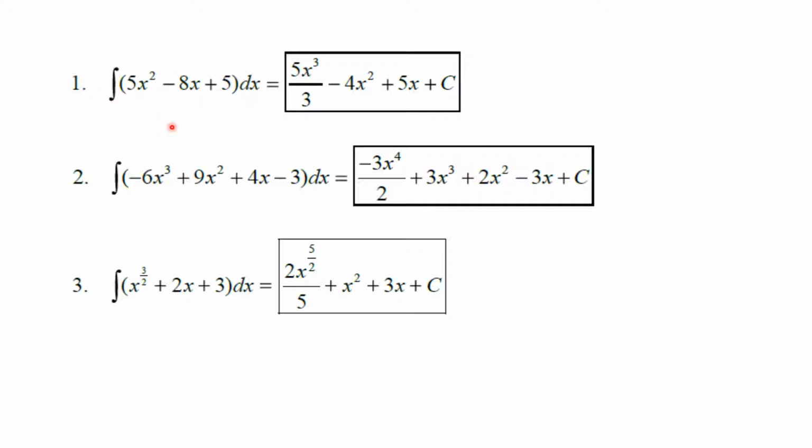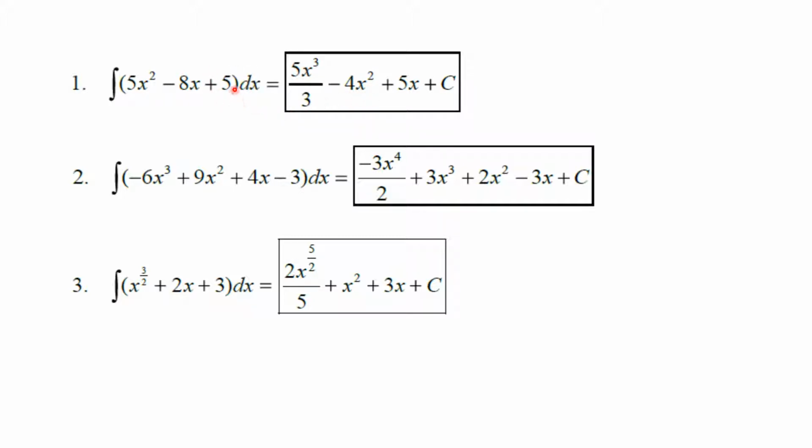Okay, now let's apply the rules of integration to integrate the functions below. Integrating 5x squared minus 8x plus 5 will result in, using the x to the power of n integration basics, 5x cubed, 2 plus 1 is 3, over n plus 1 brought to the bottom, which is 3, minus 8x squared over 2, which will result in minus 4x squared.